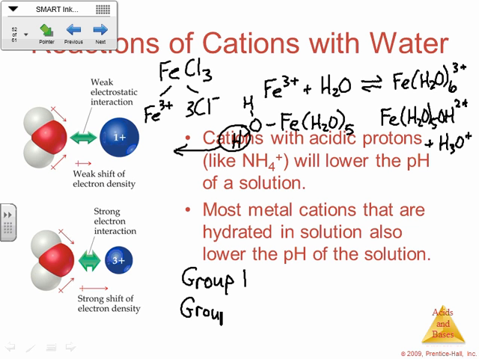Group 2, calcium and below on the periodic table, they also will not form metal complexes with water. All right? And I'm ashamed to admit, I don't know exactly why that is.